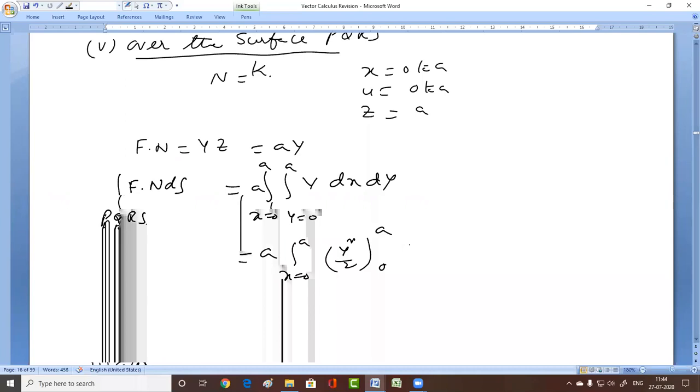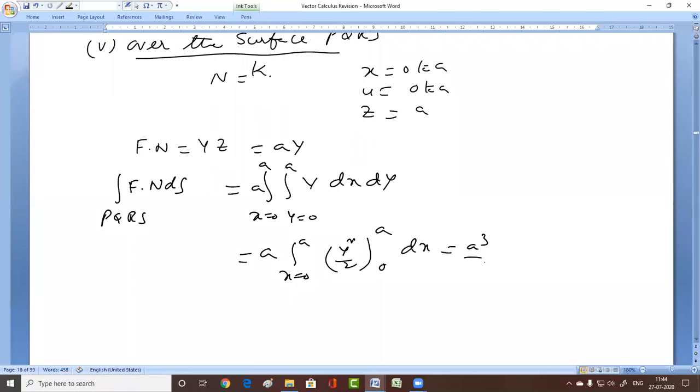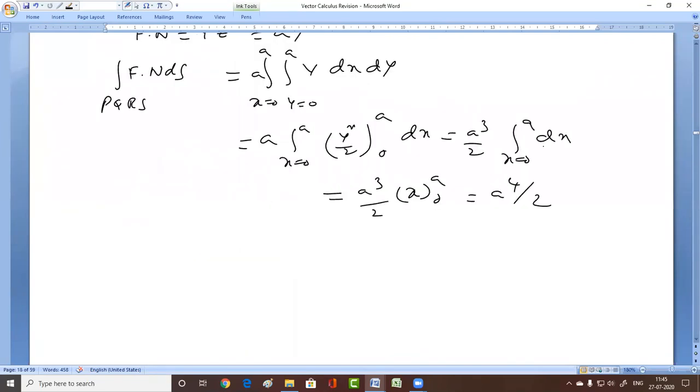Now dx, so a cube by 2 integrated over x from 0 to a, very simple integration. So a power 4 by 2. Let me verify the answer. A power 4 by 2. Very good.